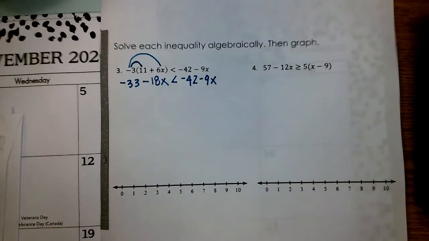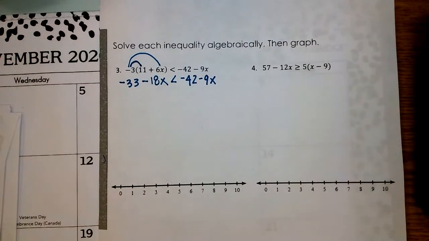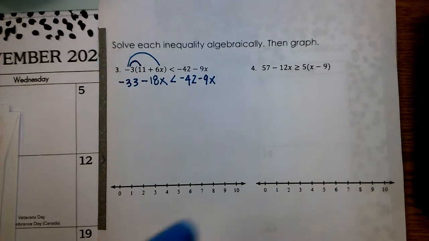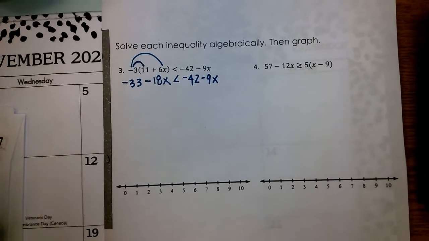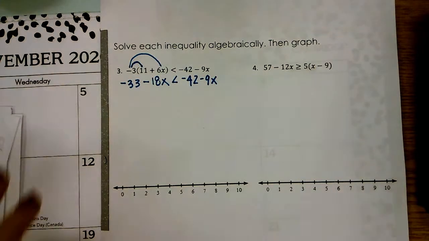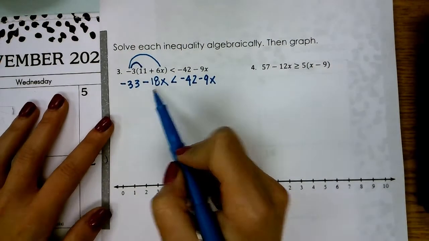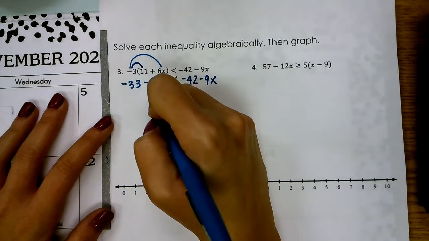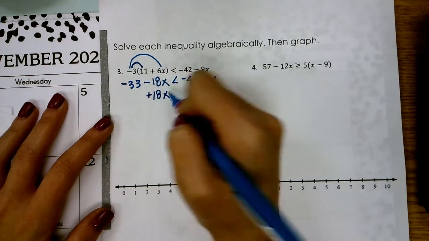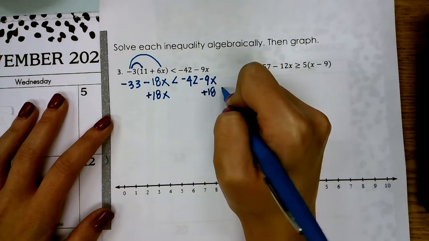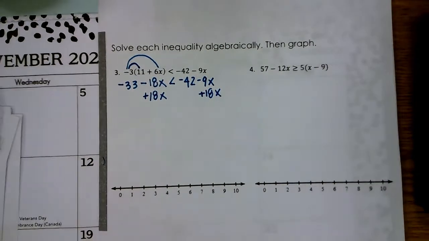And now we need to work on isolating our variable. So we want to get x on one side of the inequality symbol by itself. To do that, there's many different steps that you could take first. I'm going to take this minus 18x and I'm going to add it to both sides. So we're going to add 18x to both sides of the inequality symbol.